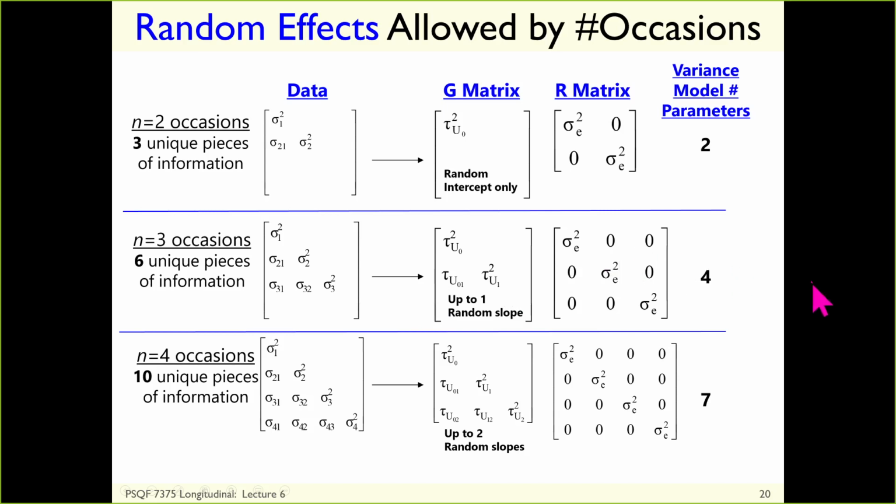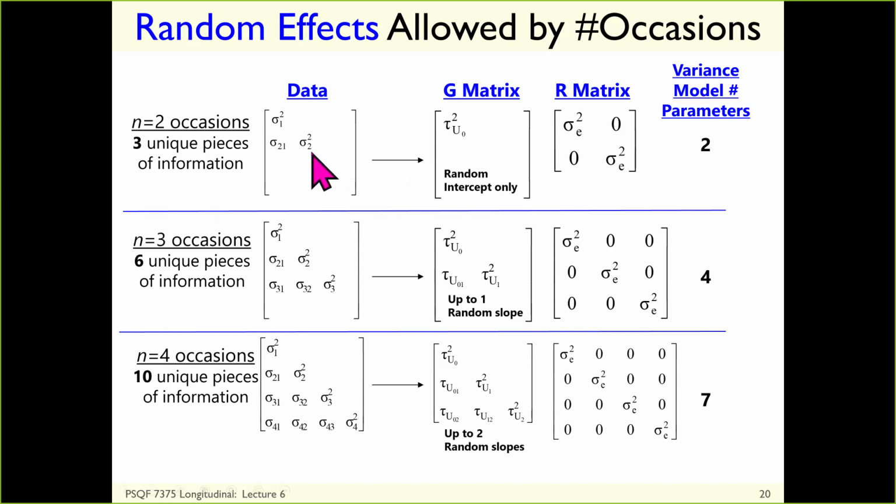And how many can you have? So here's an explanation as to how many occasions you need to estimate different types of models. So if I have 2 occasions, first row here, let's say I've got pre-test, post-test, the end. Then in terms of pieces of information going in, I have a variance at time 1, I have a variance at time 2, and I have a covariance. 3 degrees of freedom, so to speak, 3 pieces of information.